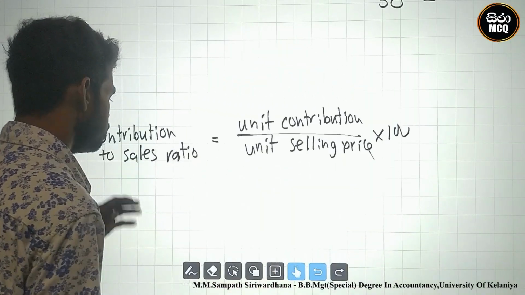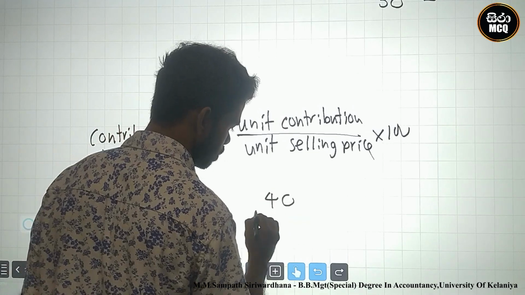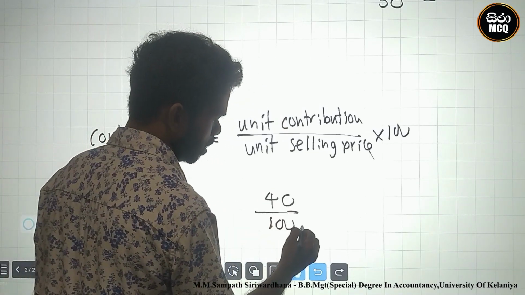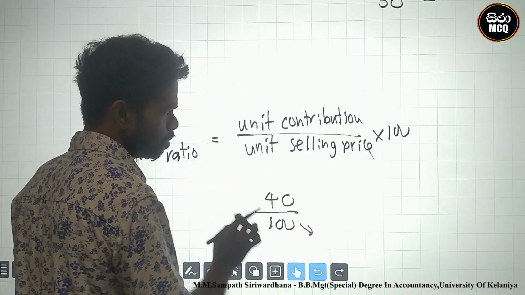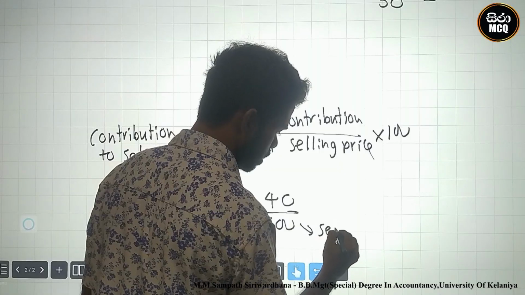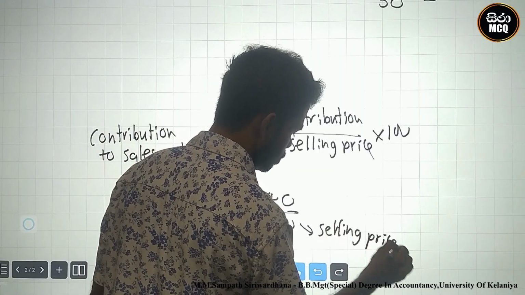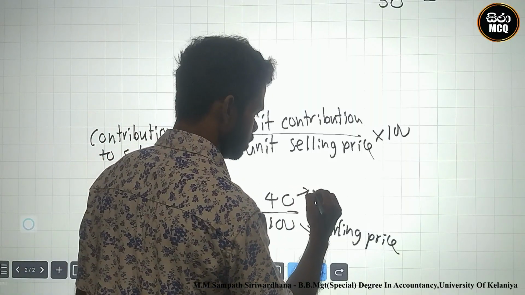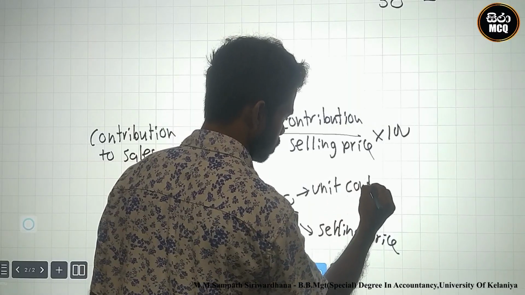So 40% means that if the selling price is 100, the unit contribution is 40.